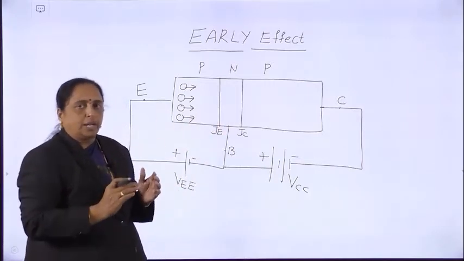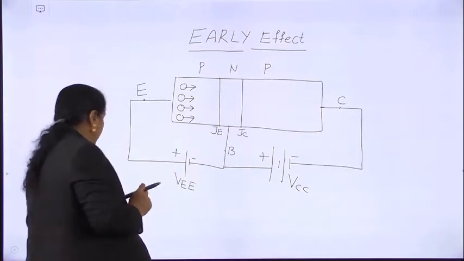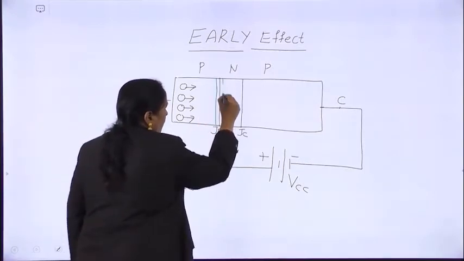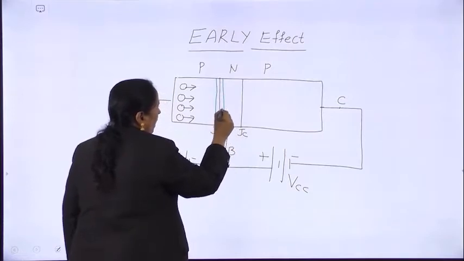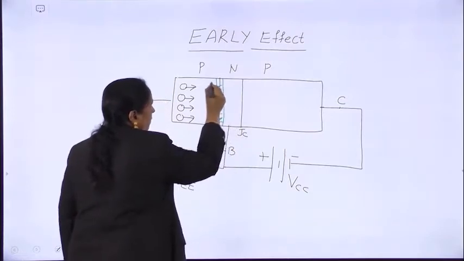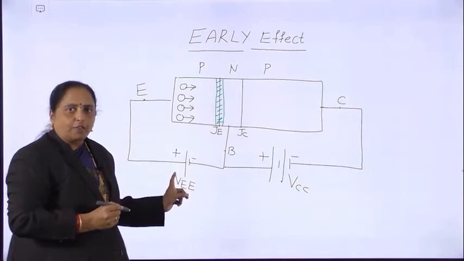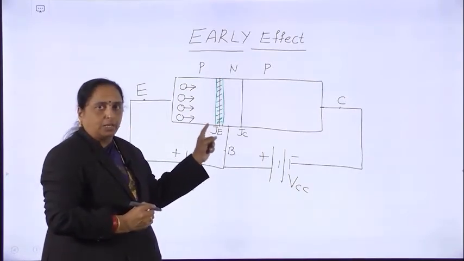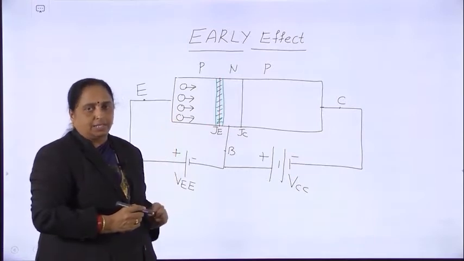So let us assume that there is a strong barrier across this emitter junction. In a forward biased emitter junction, if the external voltage is more than this barrier voltage, the barrier width decreases.